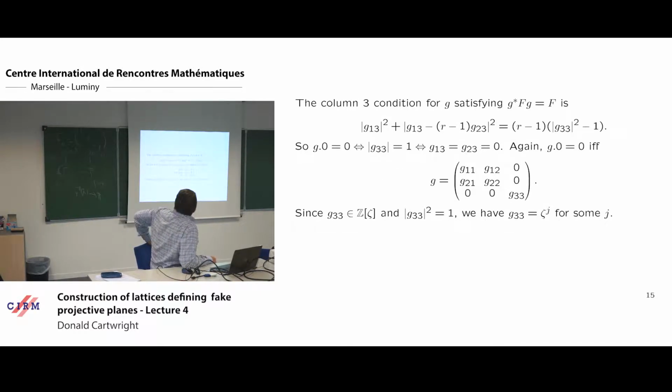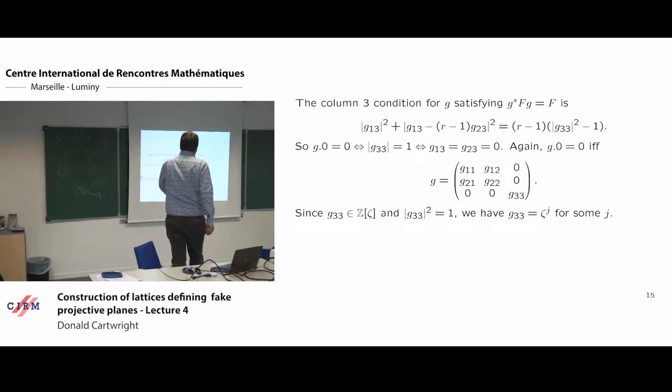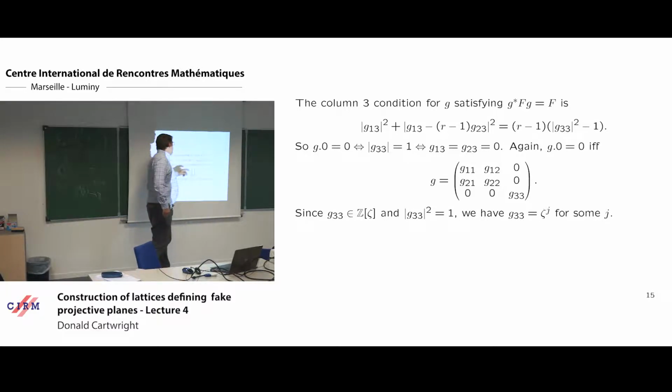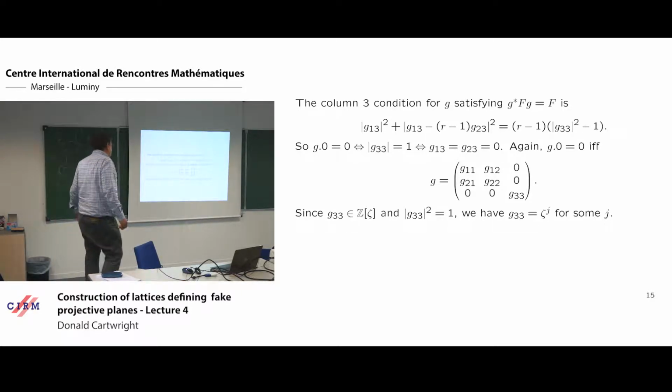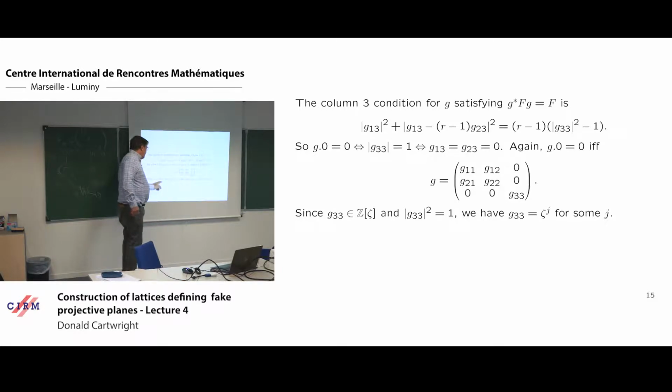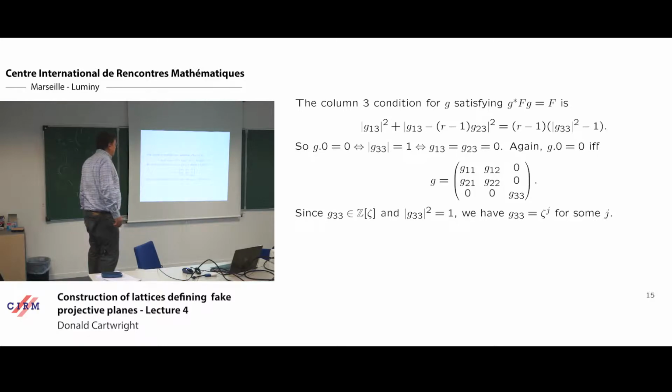And so that means this term on the right is 0, so therefore G13 and therefore G23 are 0. And after a little fiddle, you see that again, G has to be an upper block thing like that. Furthermore, G33 is an algebraic integer whose absolute value squared is 1, so it has to be a power of zeta.